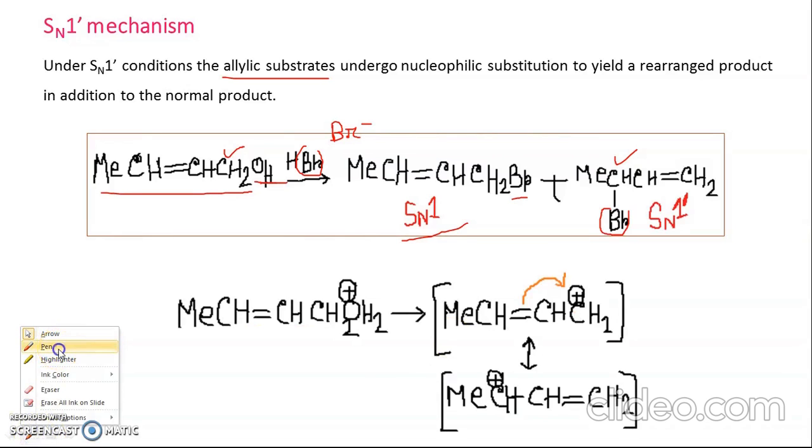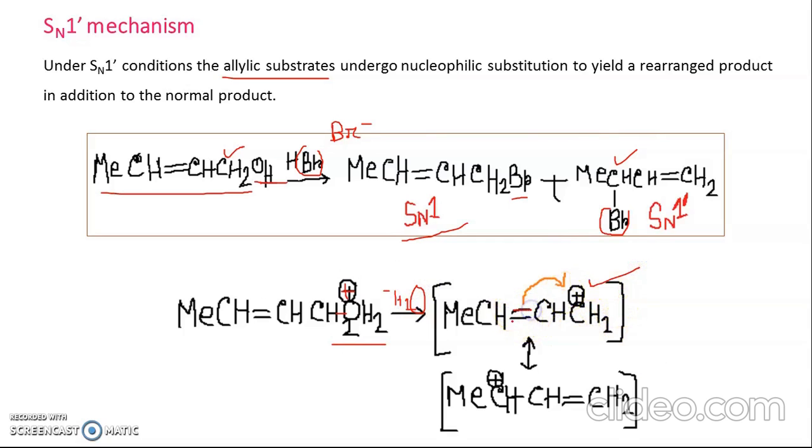So first, in the presence of HBr, OH will be protonated. So there is a positive charge on oxygen. Now this OH2 will be removed, that is, minus H2O. So when H2O is removed, a carbocation is formed. This is our carbocation.